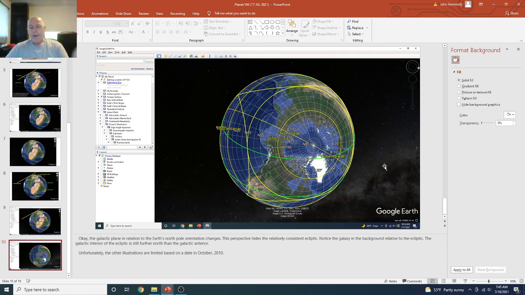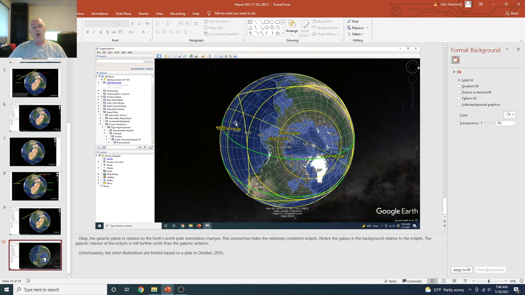And as you're looking at it, even in Google, we can see that we have the galaxy just behind back here. Now, what you also can tell is that the North Pole is oriented closer toward the galactic core, galactic center, right?